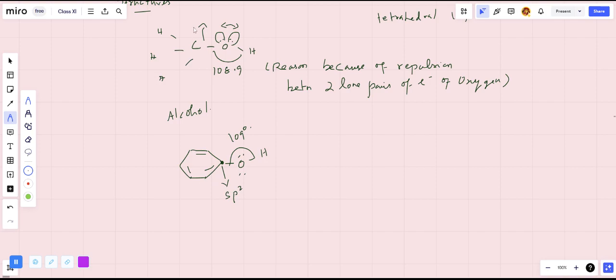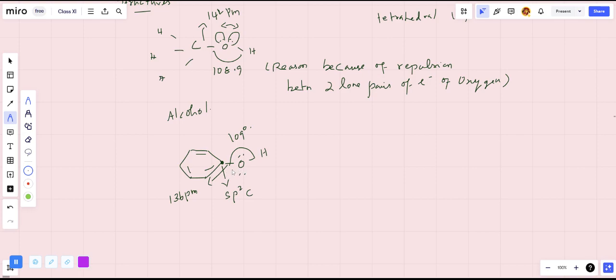You need not memorize these bond lengths and all. Okay, so I think this bond length is 142 picometer. Here this bond length is 136 picometer. The reason is the sp2 carbon has more s character, more electronegative, and tries to attract oxygen towards itself.